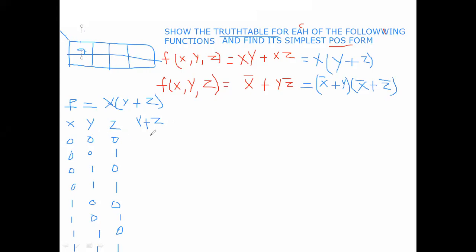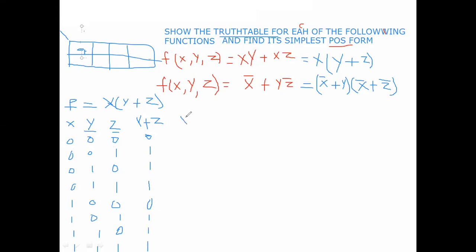That's why 0, 0 gives 0. 0, 1 gives 1, 1, 0 gives 1. Only observe the Y value and Z value. Here we are taking the OR operation between Y and Z. 1 plus 0 is 1, 1 plus 1 is 1, 0 plus 0 is 0, 0 plus 1 is 1, 1 plus 0 is 1, 1 plus 1 is 1.